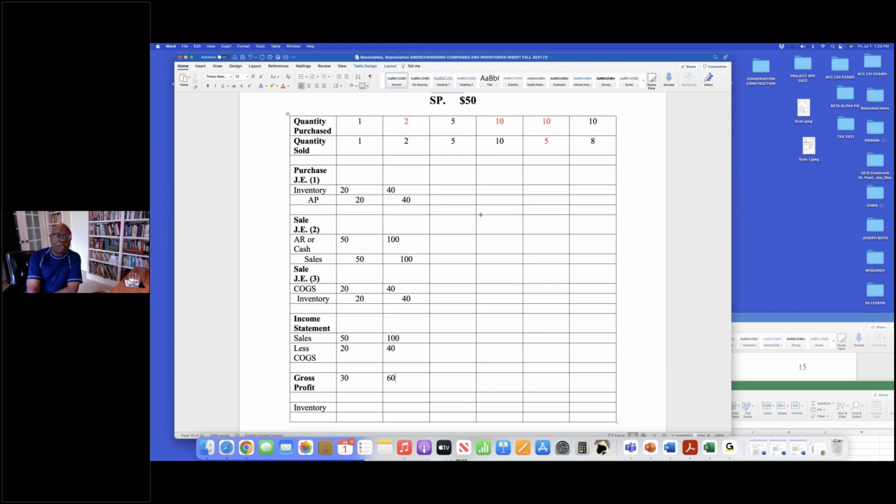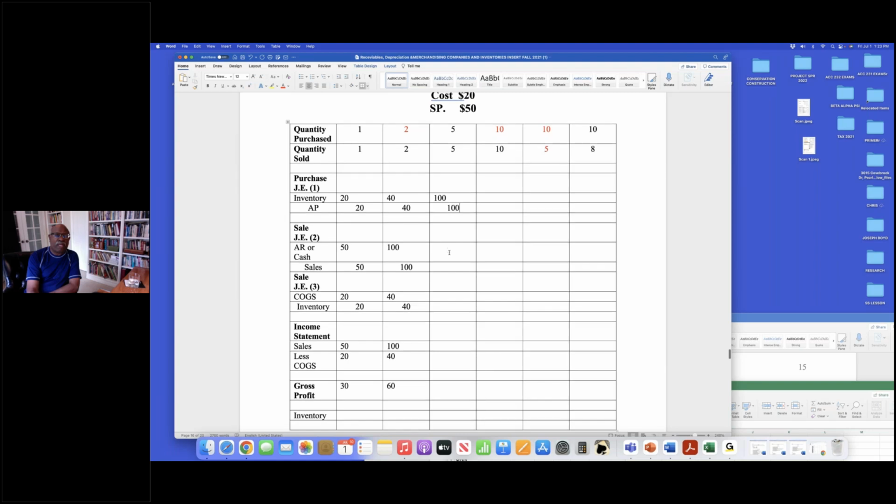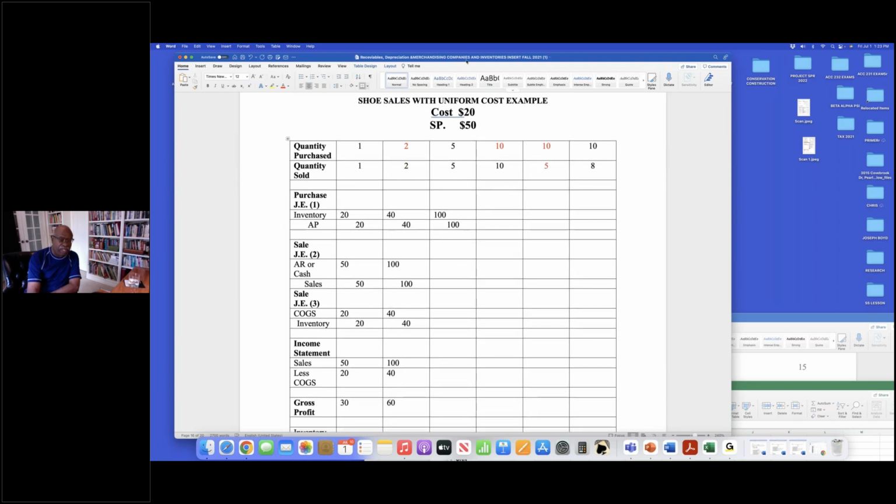All right. So the inventory would be $100. You got to buy them first. So we're going to debit inventory 100, credit accounts payable 100. Okay. And then accounts receivable would be 250. 5 times 50 is 250.